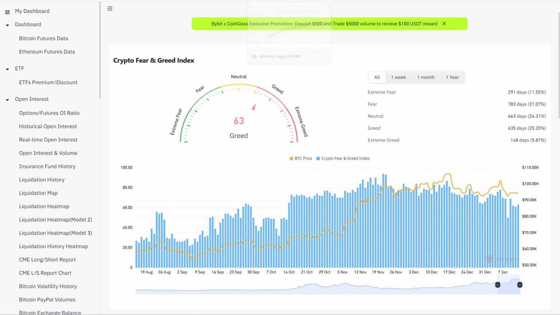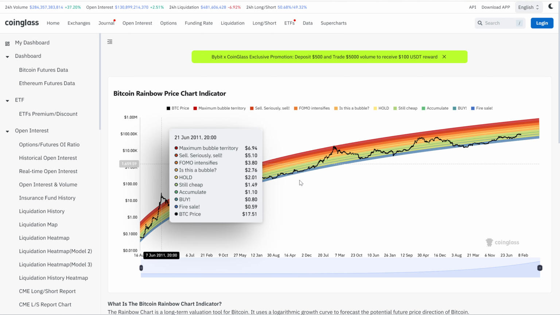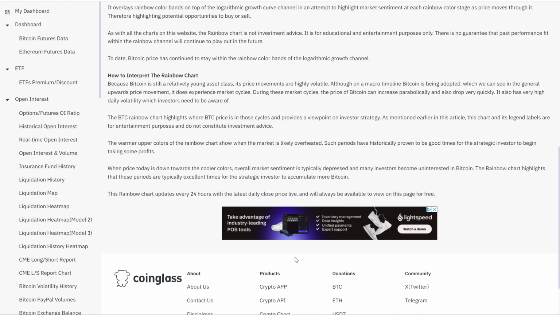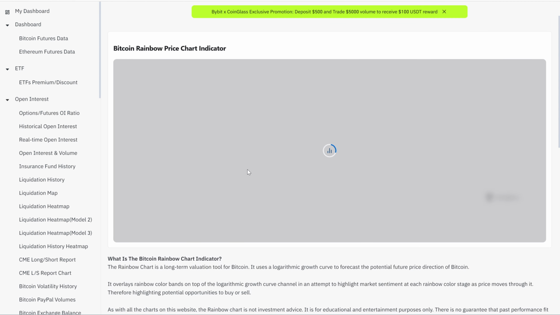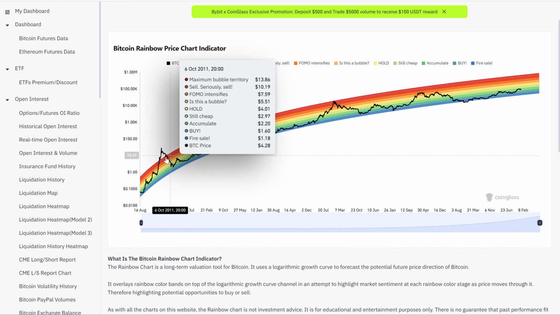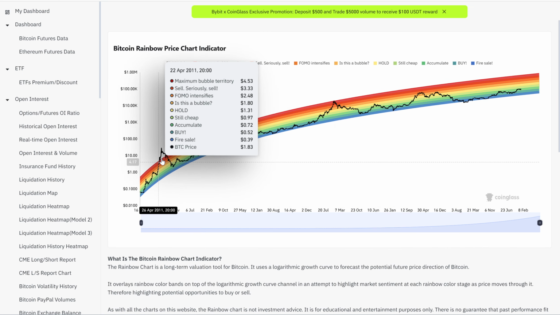Now let's see, chart number 2. This is the rainbow indicator, and this shows you, if I can get that off the screen, it comes down here and it gives you a good overview of it. But let's reload this because that seems to be stuck on there. Okay, so you can see where the price is.